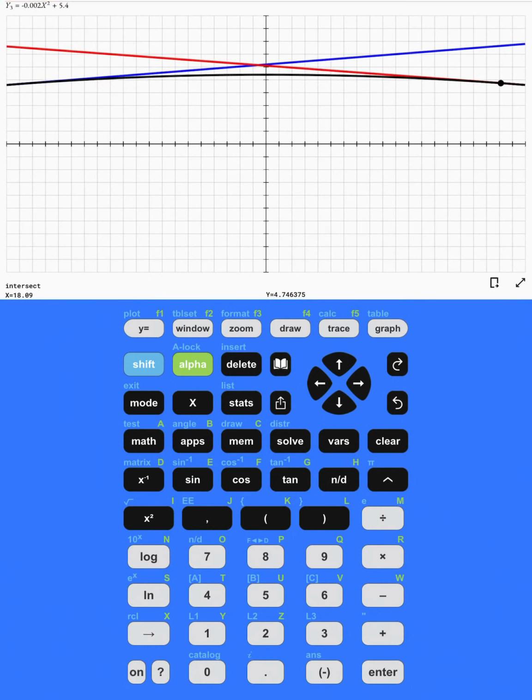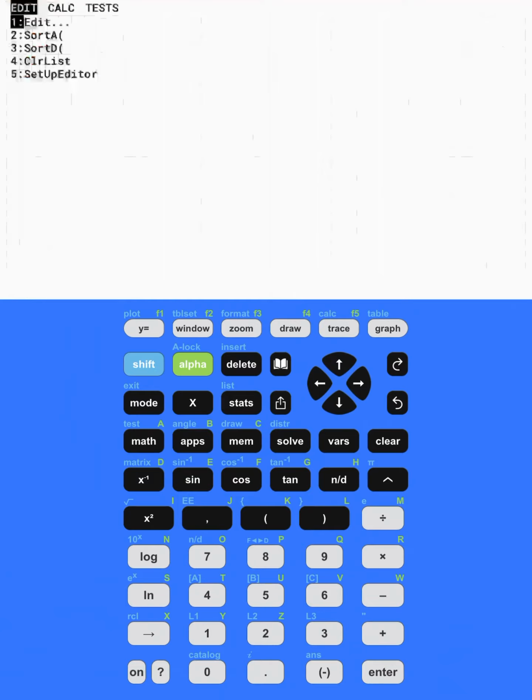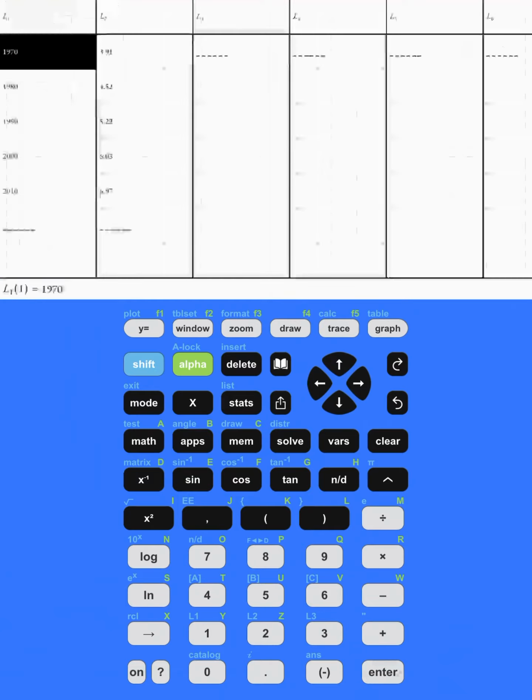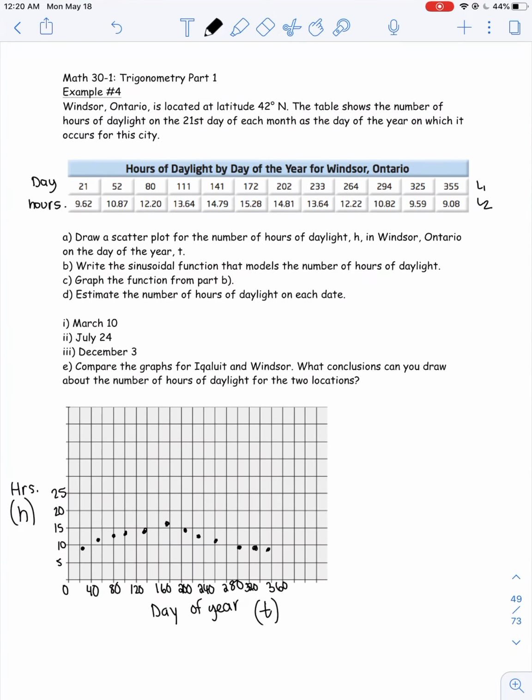I'm just going to show you where that is on my calculator so you can see what I'm doing. You're going to go to Stat, Edit, number 1, and then in L1 and L2 you should be entering all those values. I'll write down those steps. Stat, then Edit, which is number 1.